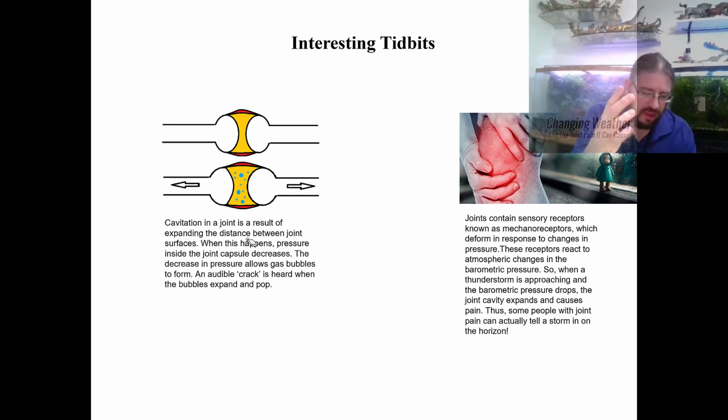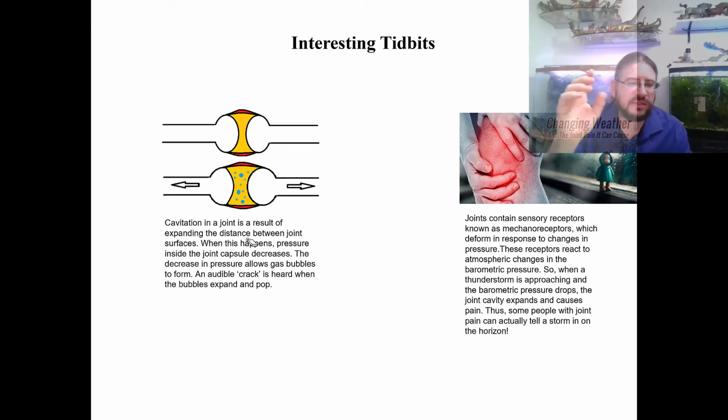So when you pop a joint, your knee or your fingers or anything, what you are hearing is a sudden expansion of the distance between joint surfaces. There is a set amount of fluid volume in your joint.